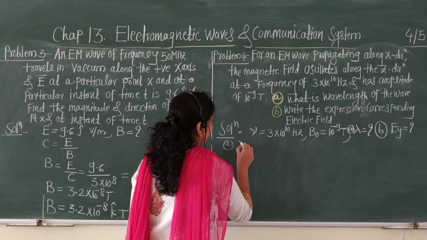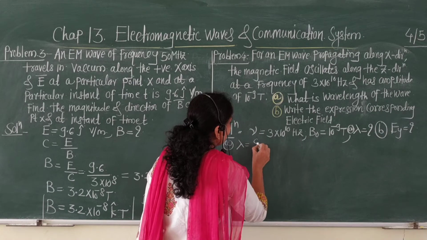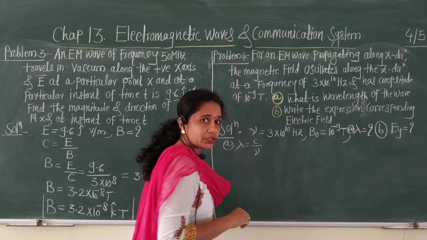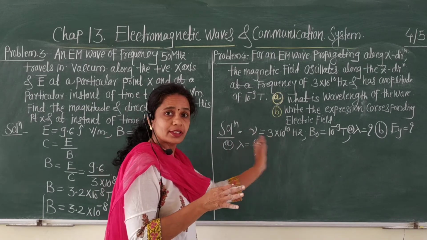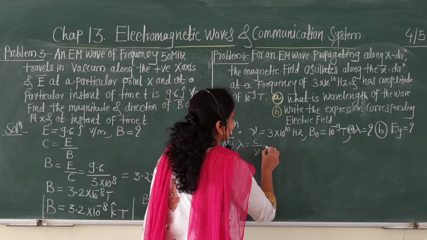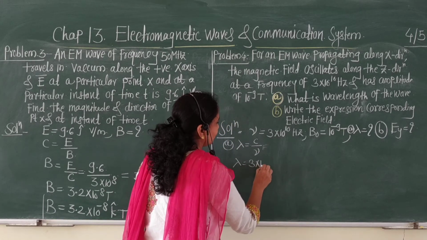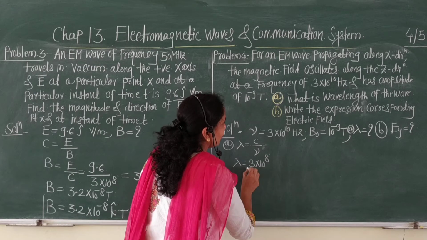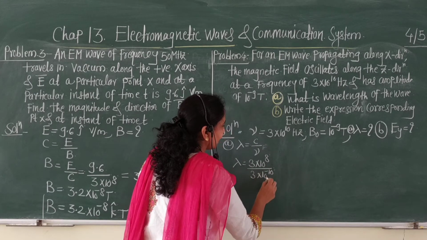Lambda is equal to C upon nu. You know this equation: V is equal to nu lambda, and this is C equal to nu into lambda. Therefore, C is 3 into 10 raised to 8 upon nu, which is 3 into 10 raised to 10.